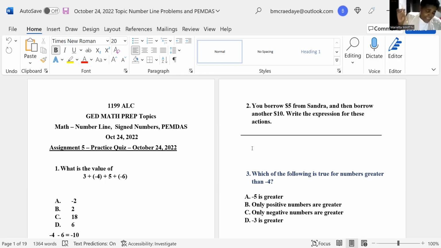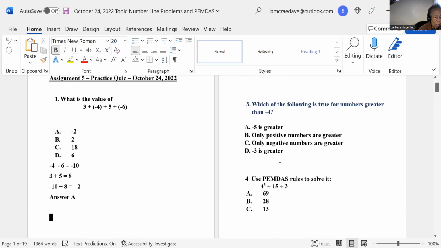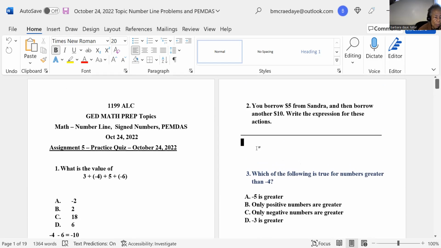I put a plus sign. No, you're not giving, you're borrowing from somebody. Oh yeah, so that would be a -5, right? Negative sign. Okay, so that would be a -5, right?